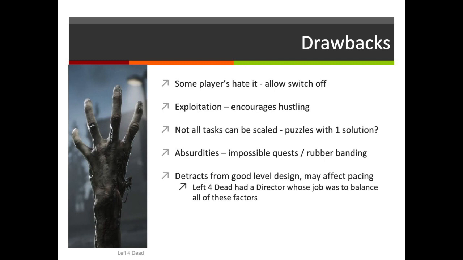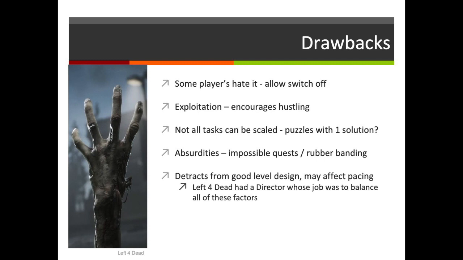There are also interesting problems with tasks that can't be scaled. So for example, if you have a puzzle which only has one solution, or there's only one way to get through, then there is no way to adjust the difficulty of that. So you have to start thinking about whether all aspects of your game can be adjusted. Otherwise, someone who's having a game that's been made a lot easier for them may suddenly come across something which is disproportionately difficult.